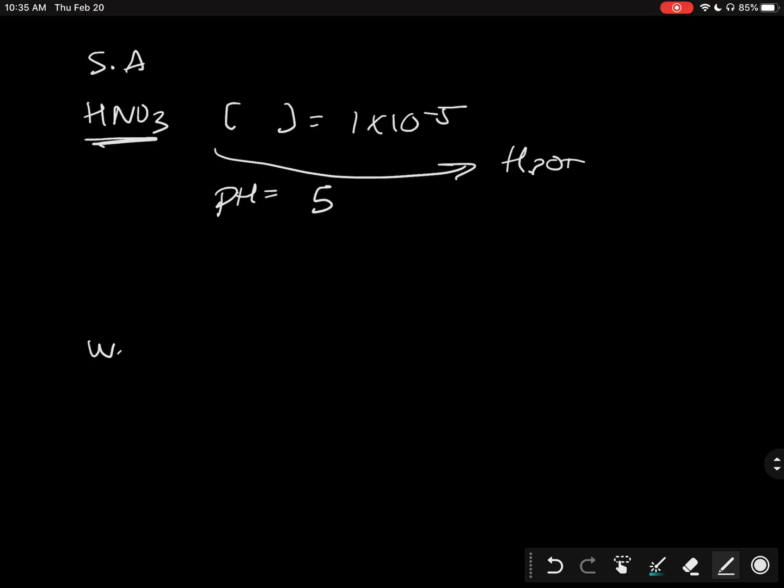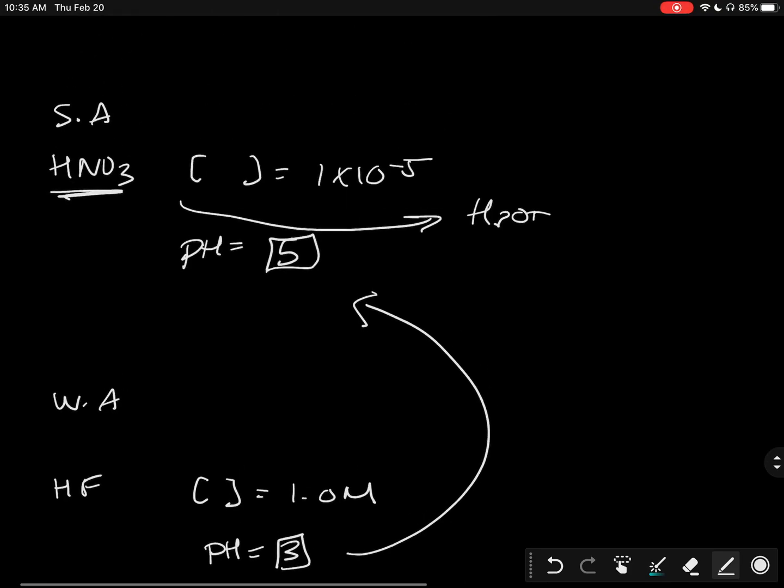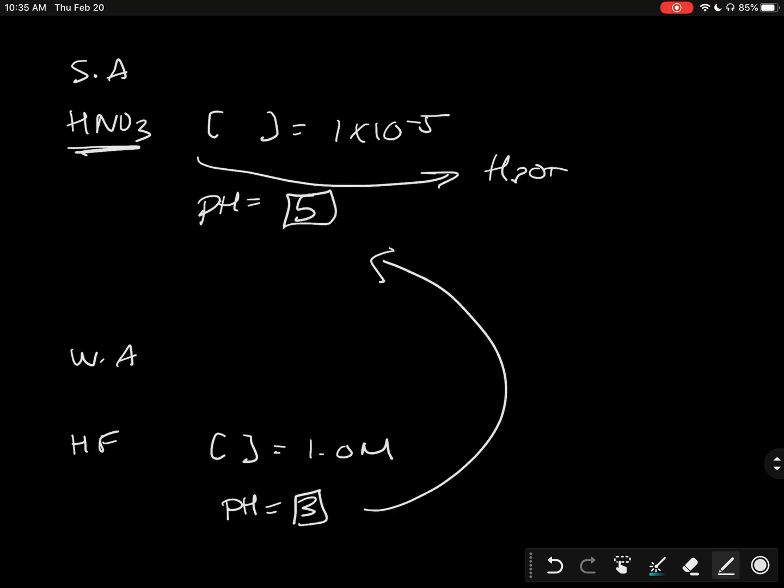So now let's say we have the weak acid HF again, and let's say that this concentration this time equals 1.0 molarity. Well, I don't exactly remember what the Ka is, but I'm guessing, let's just say that the pH is something like 3. Okay, so here we can see that it's actually lower than our strong acid, which has a pH of 5, and that's because the strong acid has a lower concentration.